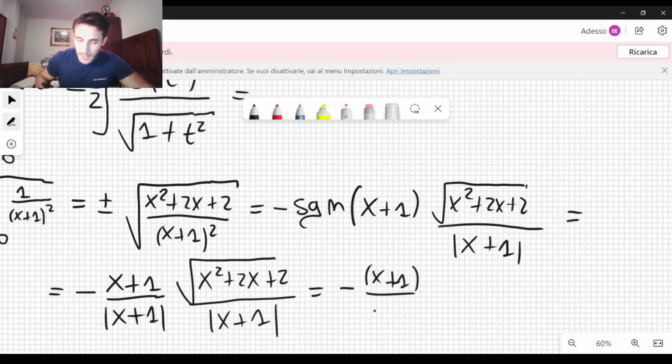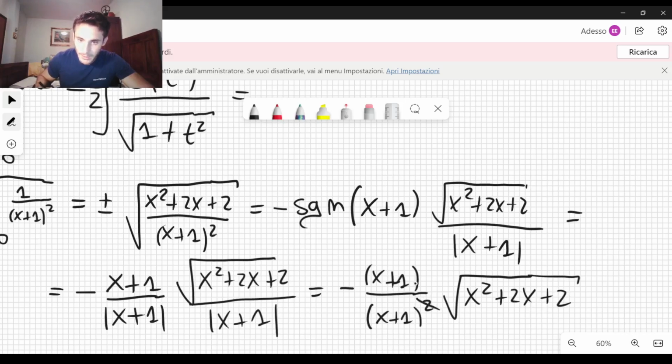But if we take the square, we can also remove the absolute value. We have (x plus 1) squared, so we just take the square without the absolute value. Then here we have the square root of x squared plus 2x plus 2.